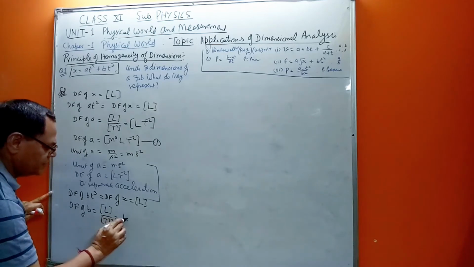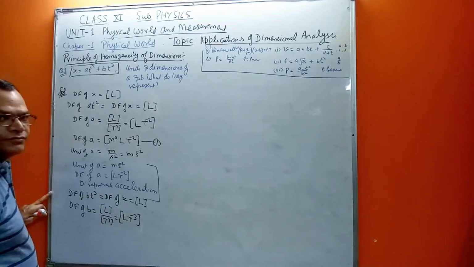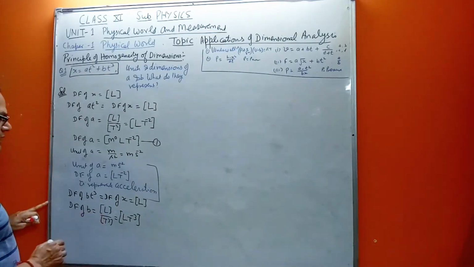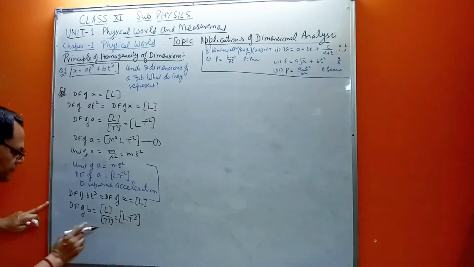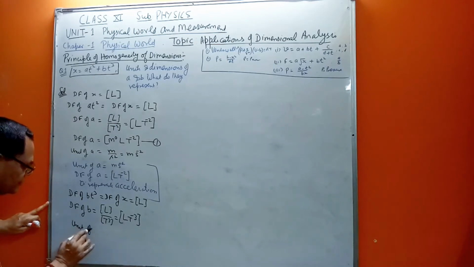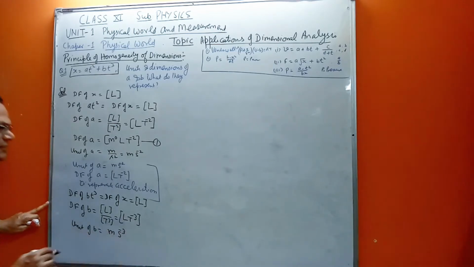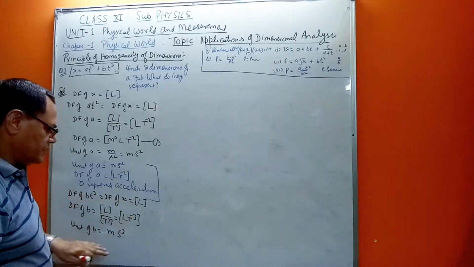So this will have LT minus 3. Clear? So this is the dimensional formula. As far as the unit is concerned, the unit of b is meter second minus 3. And what does it represent?